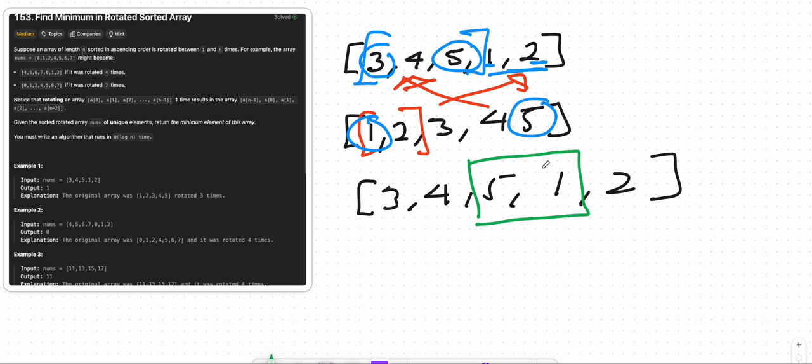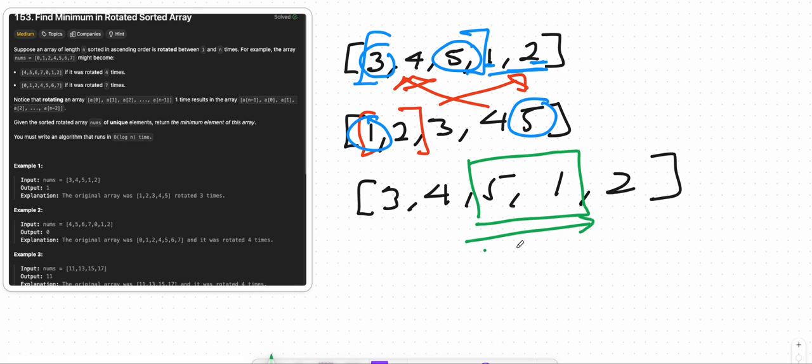This particular place is the only time the number is switching. Every time, the number is switching to the next bigger one.